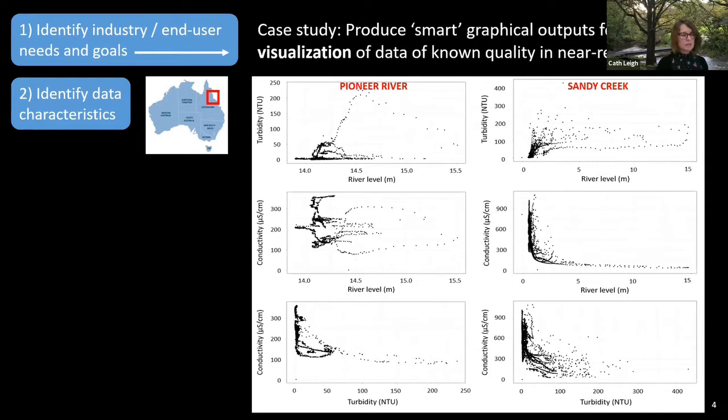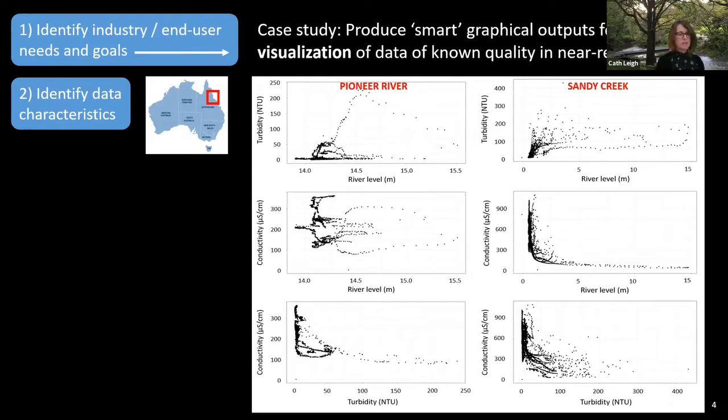The next step is to identify the data characteristics. Now, this is an important step for both the anomaly detection developers and the industry partners or the end user partners, so that together it's really understood what the anomaly detection is for and how the data actually relate to one another in terms of different variables that you're measuring.